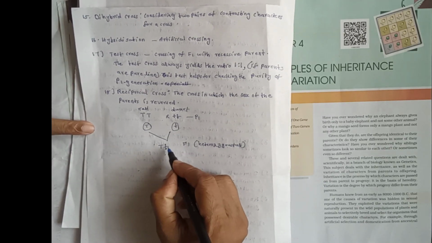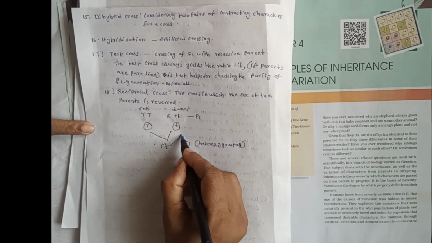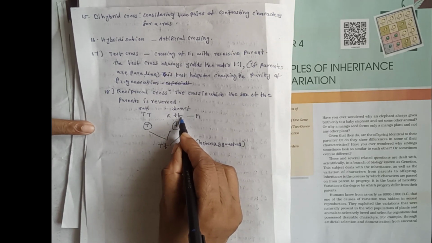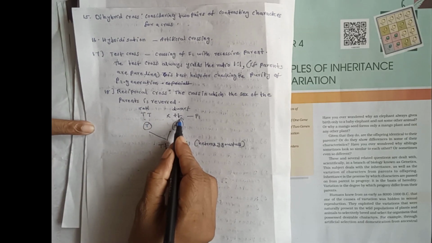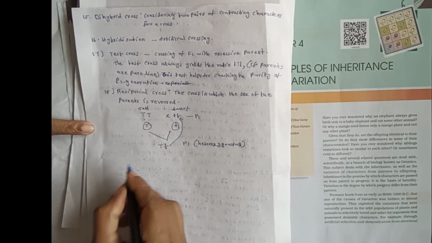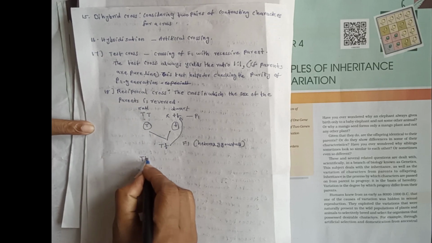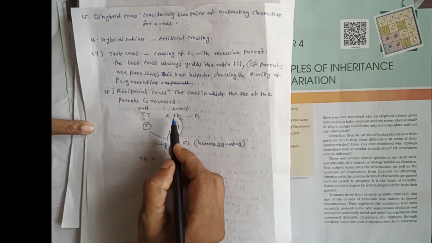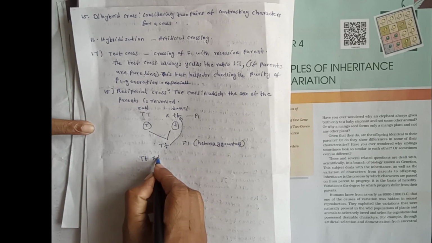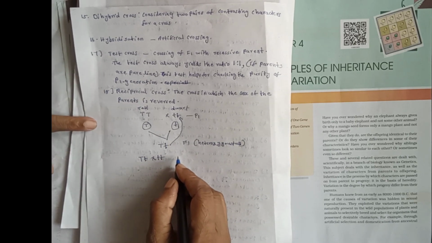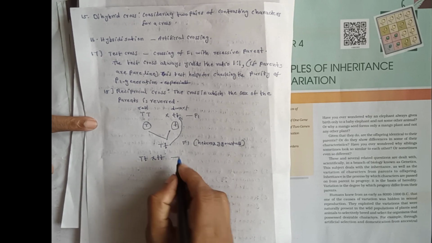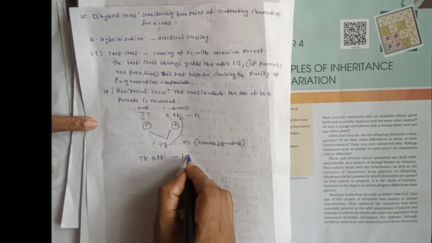We cross this F1 with the recessive parent. This is dominant and this is recessive parent. We cross F1 with recessive parent. Such a cross is known as test cross. We get one tall and one dwarf.